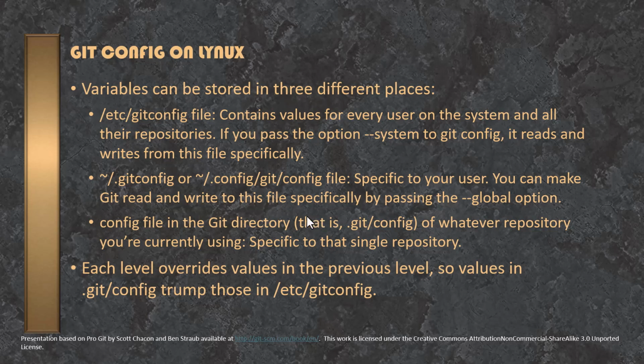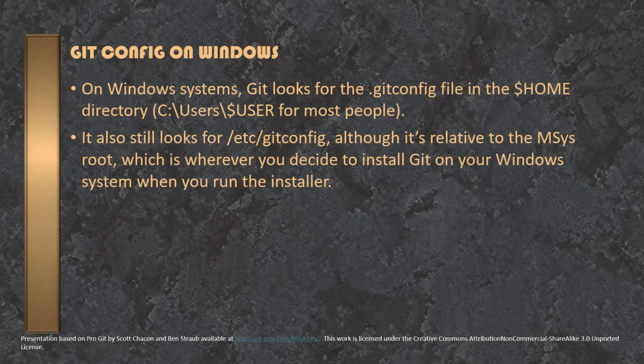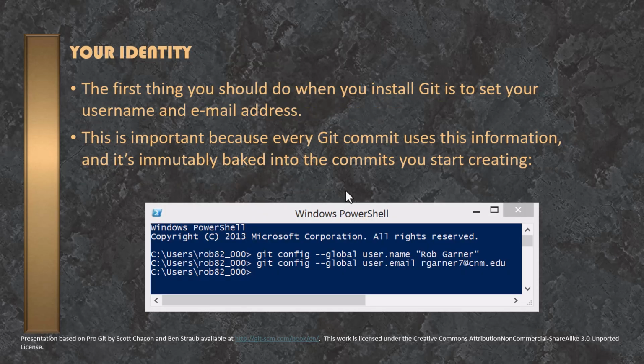Your Git configuration can be stored on the entire machine, or for the user, or in each directory. And we'll see that in Windows systems you have a .config file. The first thing you should do when you install Git is to set your username and email address.